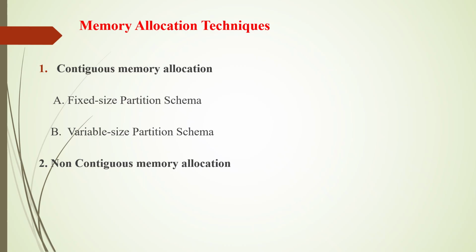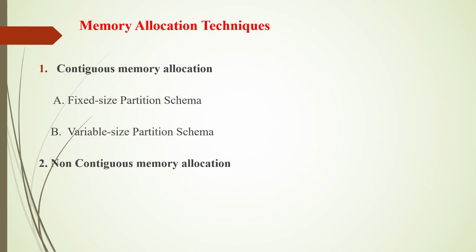The second subpart of the contiguous memory allocation is variable size partition scheme. In this method, a memory partition is created dynamically according to the size of the process. The operating system allocates only the required amount of memory to each process, which reduces the internal fragmentation.